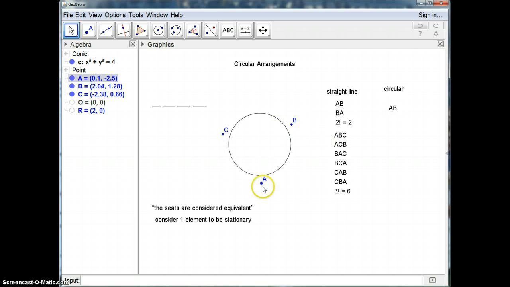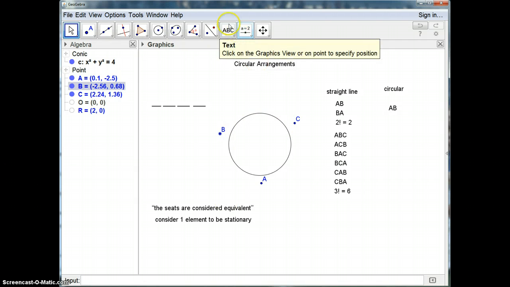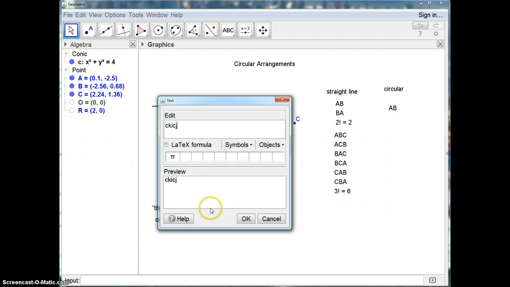So let's put A back, and you can see that there are only 2 ways of arranging this table. There is B sitting on A's right with C on the left, or you could switch the positions of these two, and now B is on the left and C is on the right. Sometimes this is considered a different arrangement, sometimes it's not. So the other piece of information we need to know is whether clockwise or anti-clockwise arrangements are unique.